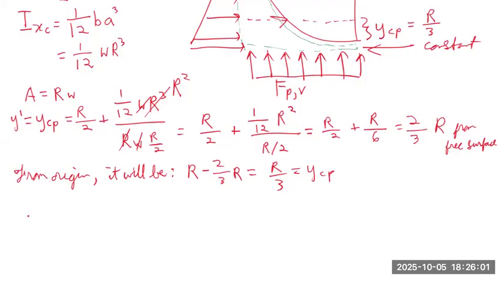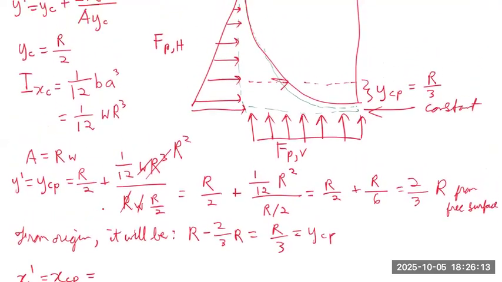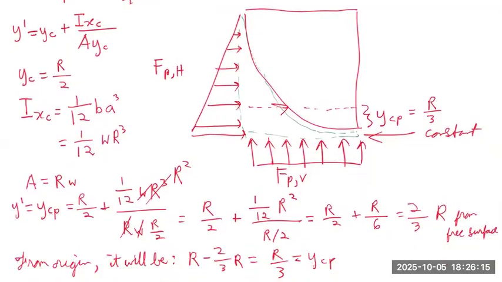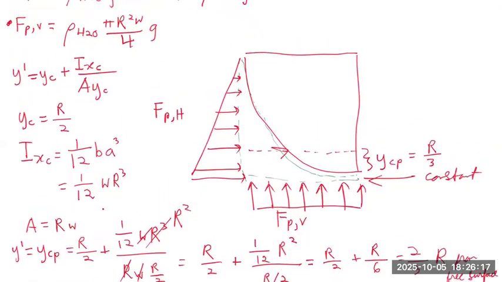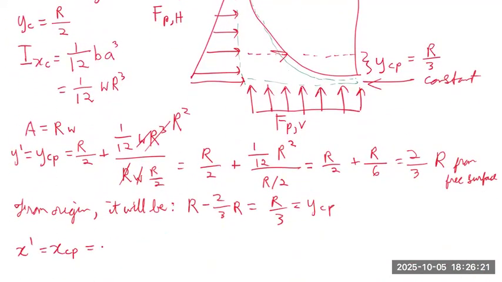Now it's time to find the X prime, or the location of the center of pressure in the X direction. This is equal to, let me just verify that equation quickly.